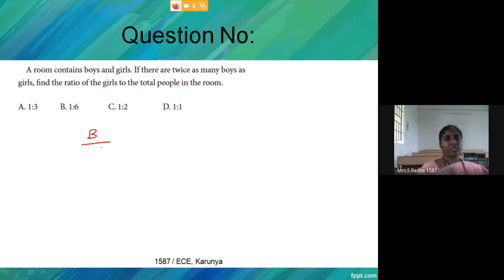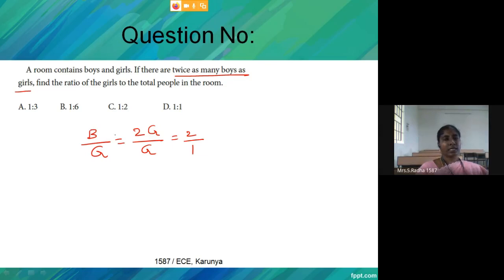Boys are twice the number of girls. This sentence means twice as many boys as girls are present. Now this is of the form 2 is to 1.